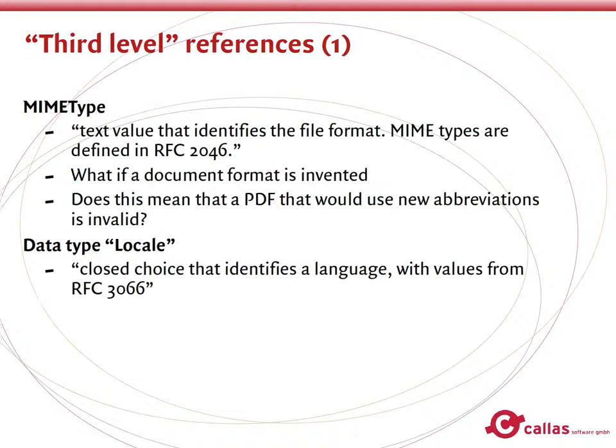This I have already mentioned: the reference specifications, like for the locale entry, but also for MIME types. What if a new program creates a new MIME type, a new file format, and then a PDF/A file comes in that has a MIME type entry, but this MIME type was not listed in the RFC? Does that mean the whole PDF/A file is not a valid PDF file anymore?